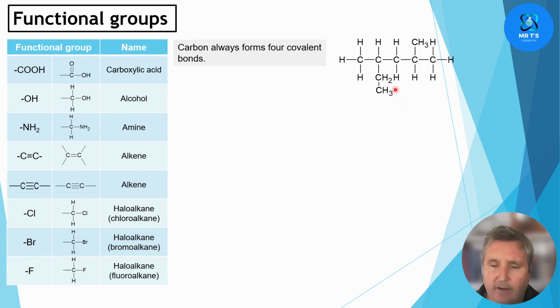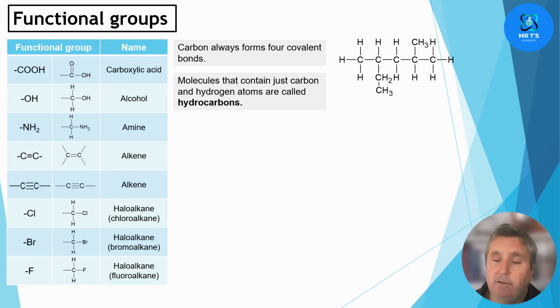If we look at this condensed group at the bottom, this carbon has 3 bonds to 3 hydrogens, plus the bond that we can see to the carbon. It has 4 bonds as well. Anywhere that you see a carbon, it will have 4 bonds. And if you've ever drawn a molecule for an organic compound and the carbon doesn't have 4 bonds, you've made a mistake. Hydrogens always have 1 bond.